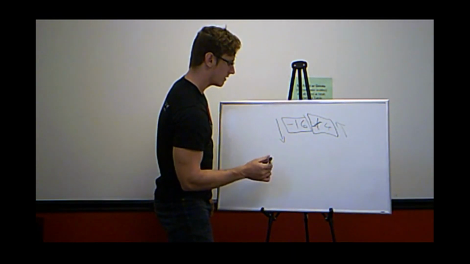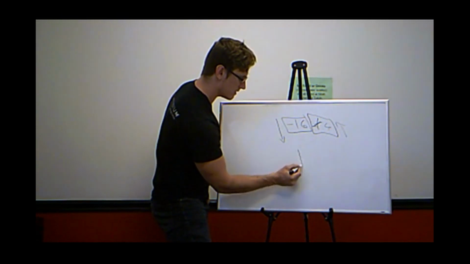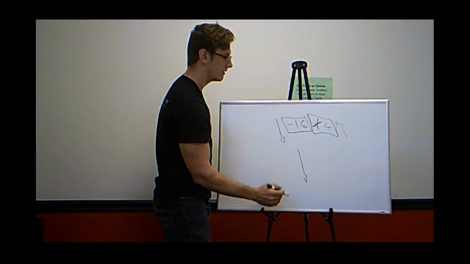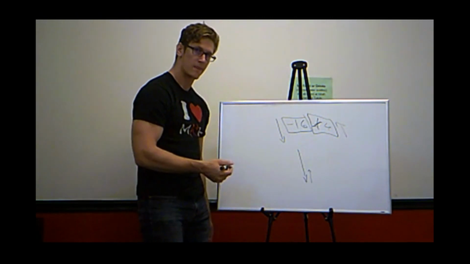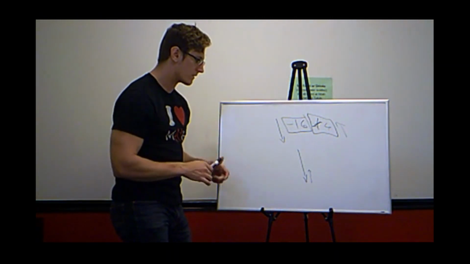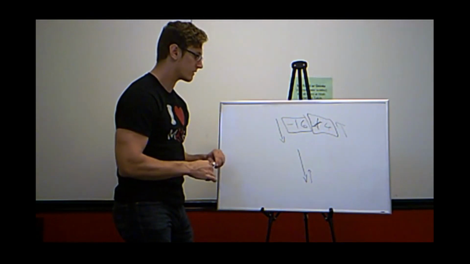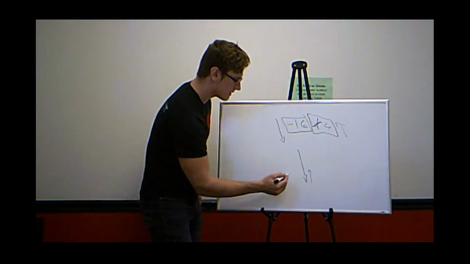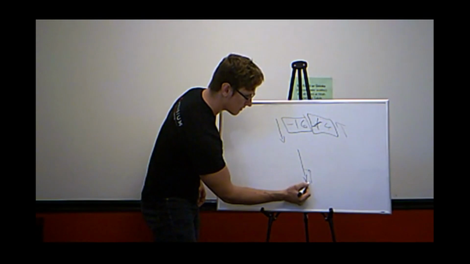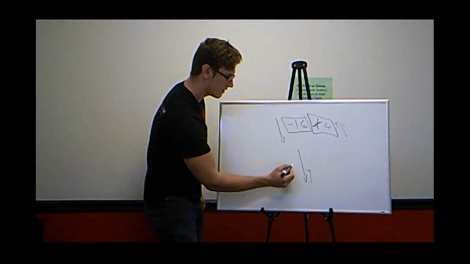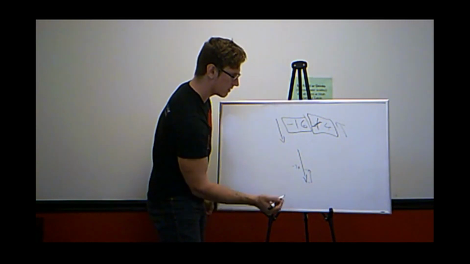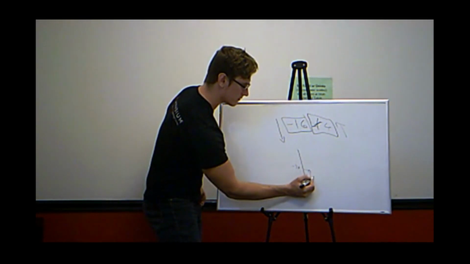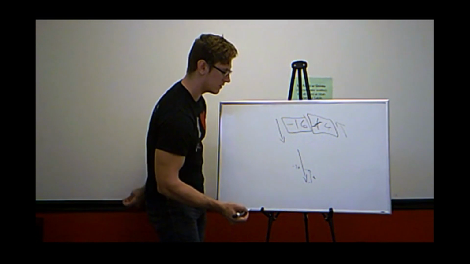So let's look at what these are doing. We decrease by 16, but then over here, we're increasing by 4. Do these work together, or are they working against each other? Well, they work against each other. These parts cancel each other out. So we went down by 16, but then we increased by 4.